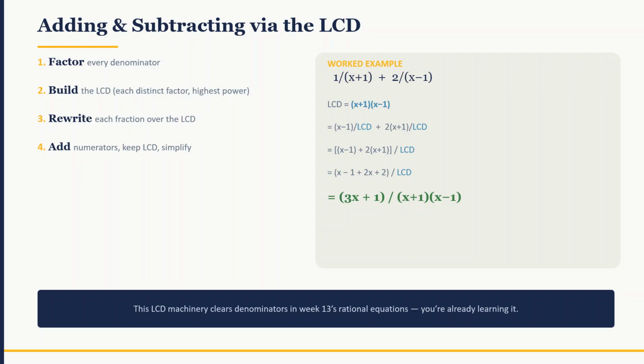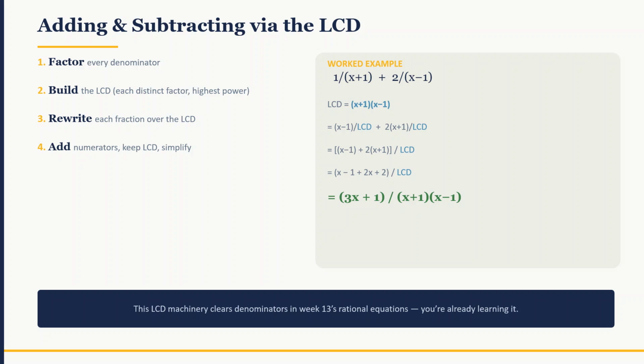Worked example. Take 1 over x plus 1 plus 2 over x minus 1. Step 1. The denominators are already factored, x plus 1 and x minus 1, both linear and distinct. Step 2.